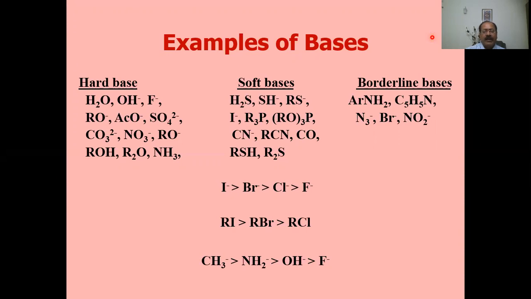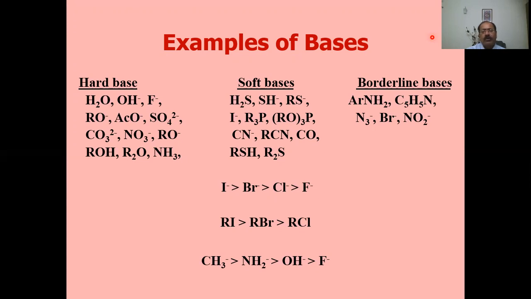What happens if a halide is linked to an alkyl group? RI, RBr, RCl. We know in RCl, Cl has higher electronegativity than I in RI, in which I has lower electronegativity. And we know the alkyl halides are partially charged with a positive charge on the alkyl groups.